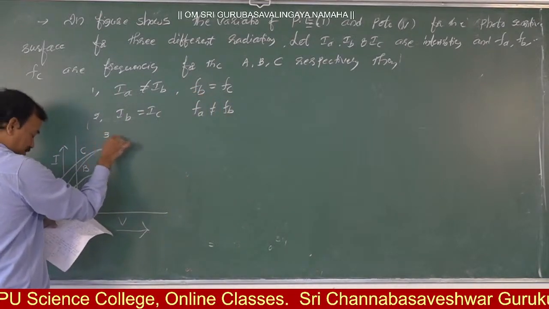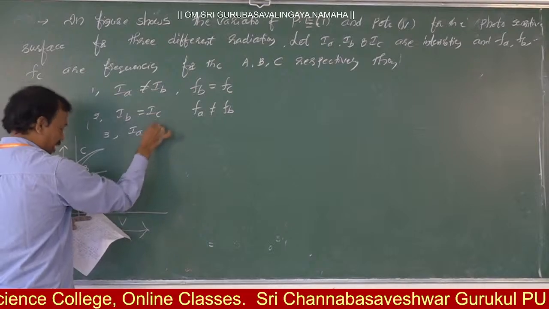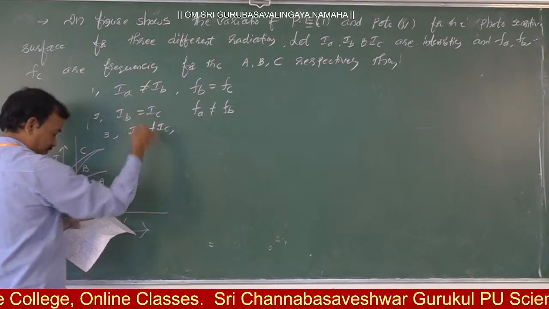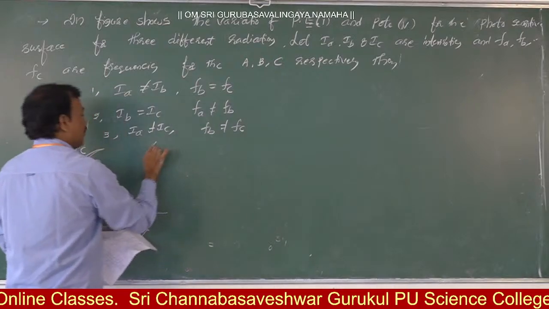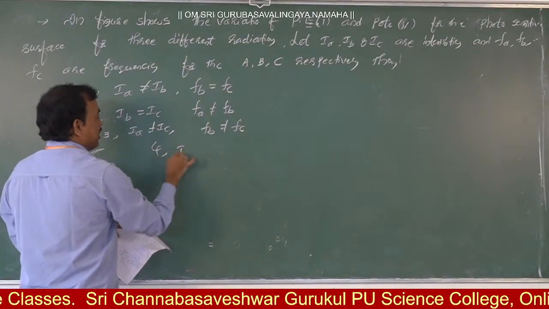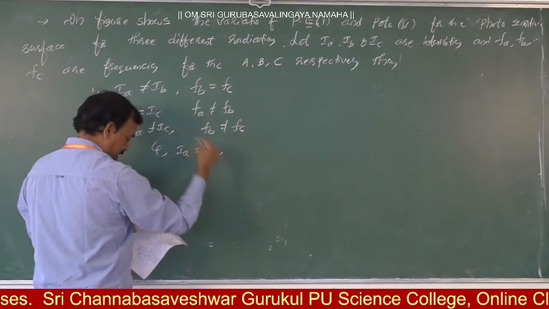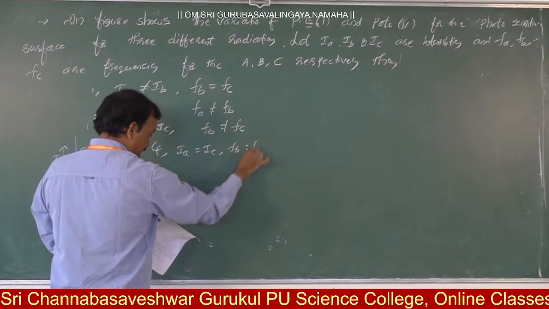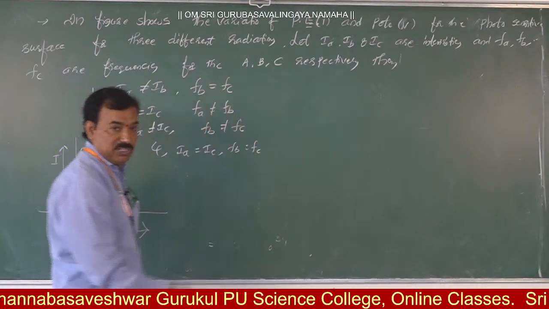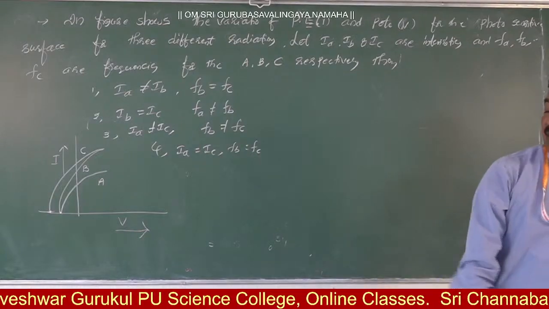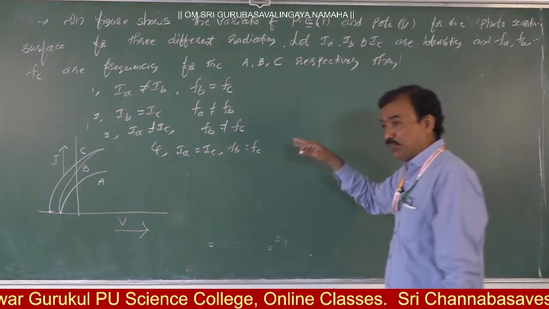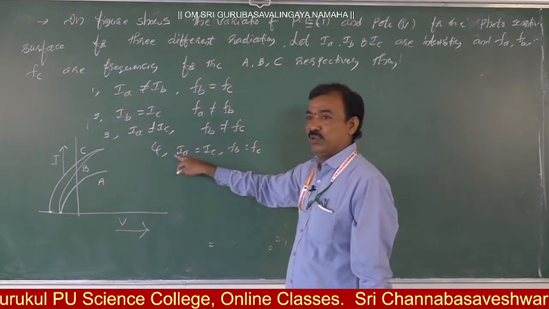Third: IA is not equal to IC, FB is not equal to FC. Fourth: IA is equal to IC, FB is equal to FC. This is a previous Mains question. If you know this photoelectric emission concept, the sum is very simple. You will get the answer within 1 second only.